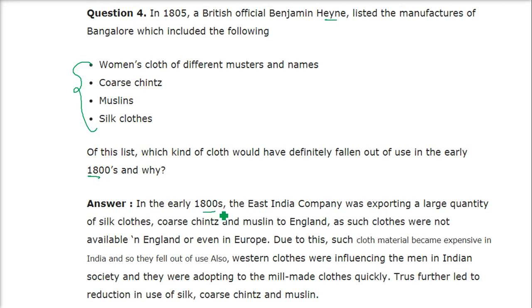In the early 1800s, the East India Company was exporting a large quantity of silk clothes and coarse chintz and muslin to England because they were not available in England and even in Europe. Because of this, these cloth materials became expensive in India, so they fell out of use. Western clothes were influencing Indian men and society also, and society tried to adopt mill-made clothes quickly. So this further led to reduction of use of silk, coarse chintz and muslin.